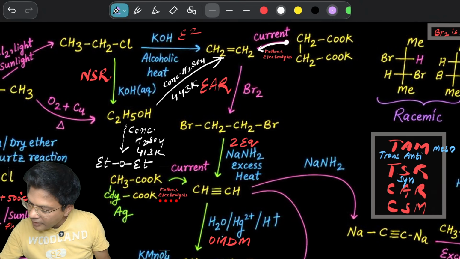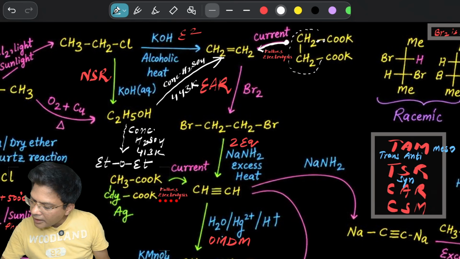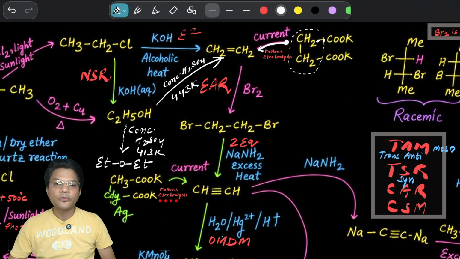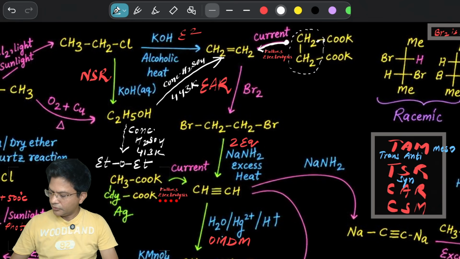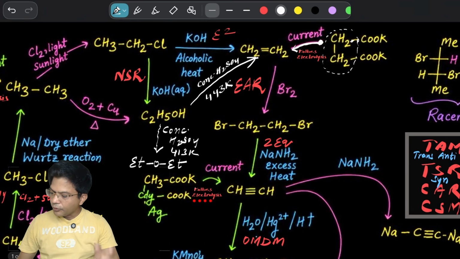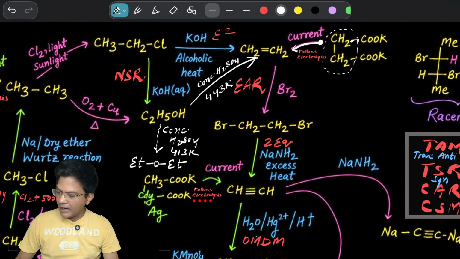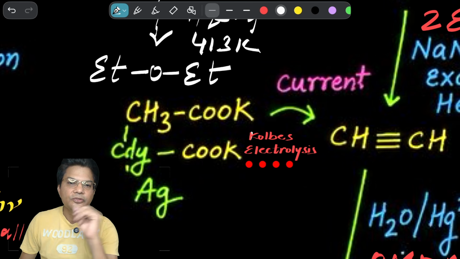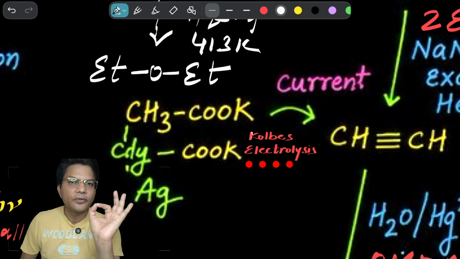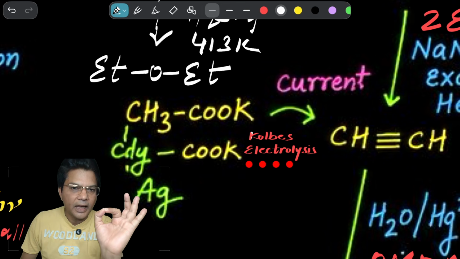Once again the same fundamental thing: you break it from here, and this will form ethene at the anode, 2 moles of carbon dioxide at the anode, and 1 mole of hydrogen gas at the cathode, and KOH in the solution. Now how to form alkyne? That is also Kolbe's electrolysis. So Kolbe's electrolysis is used for the preparation of alkane, alkene and alkyne.